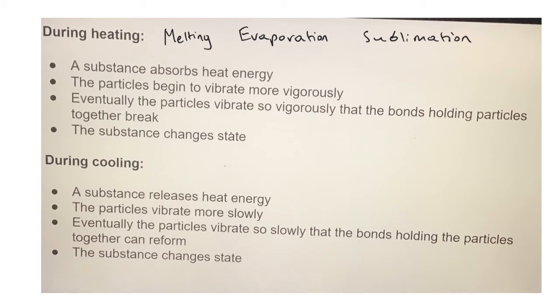So think of a solid, which was really ordered. I've started moving around so much, I'm breaking that force which is keeping me in position. And finally, when we break those bonds, the substance changes state. So that could mean I go solid to liquid, liquid to gas, or solid to gas.